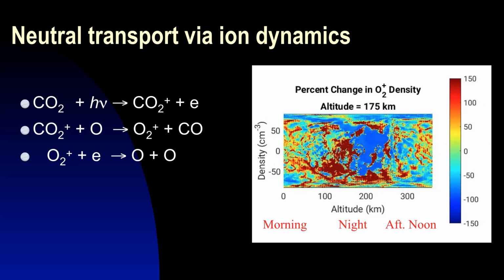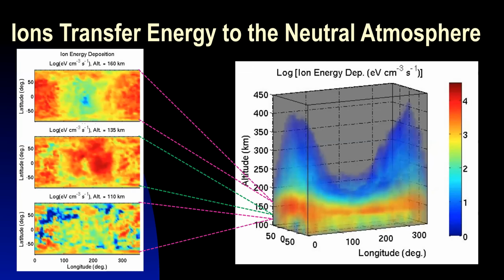And in the process, it changes the local neutral density and ion density. So this is just a transport mechanism, not currently in most neutral models, but is worth considering. Ions can also exchange energy with the neutral atmosphere via collisions.